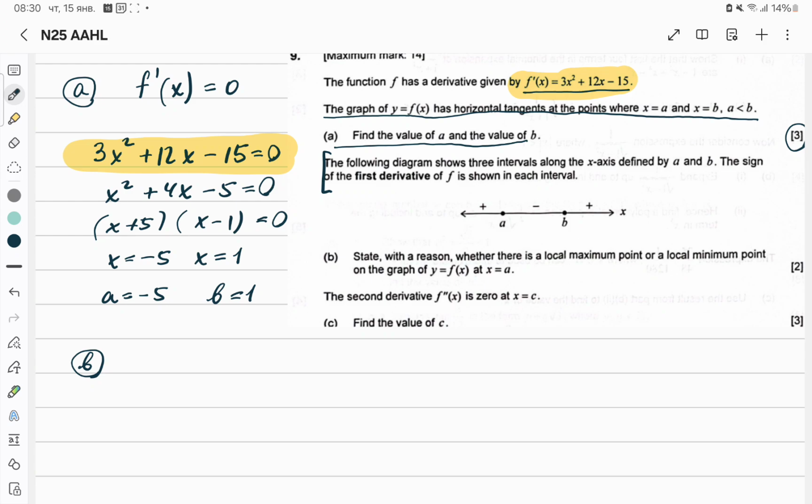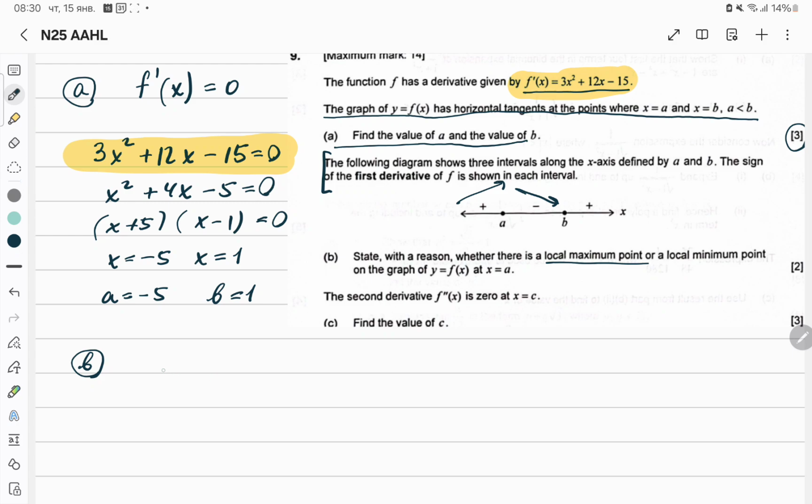Okay, so to understand whether it is a minimum or maximum, we just have to find the sign of the function. So for a maximum or minimum point, here the sign is positive and turns to negative, right?